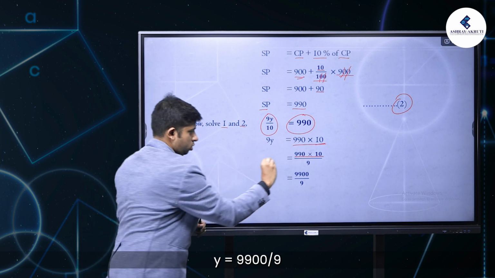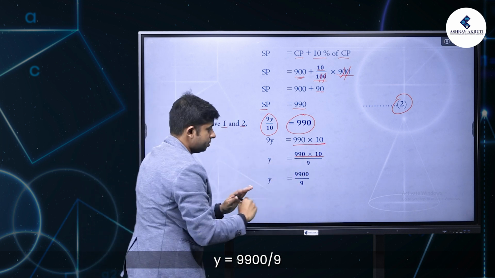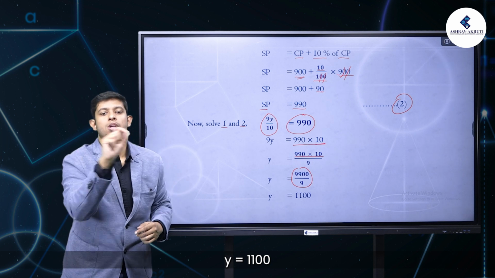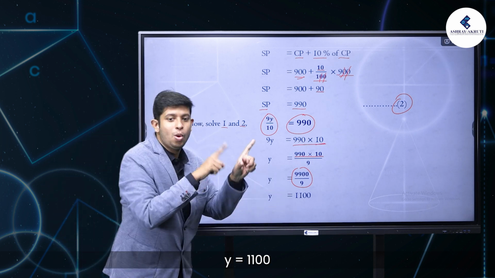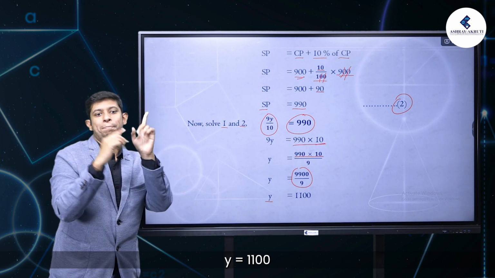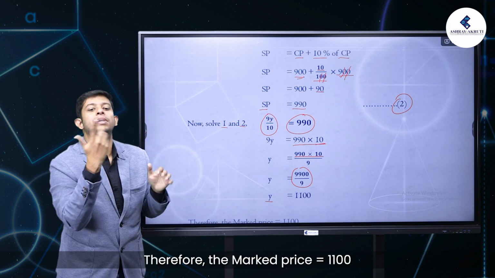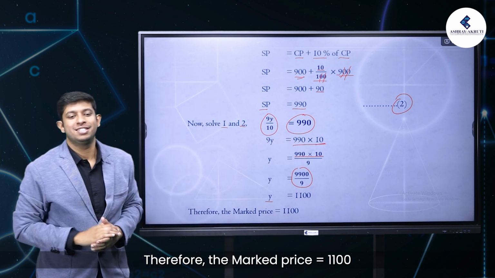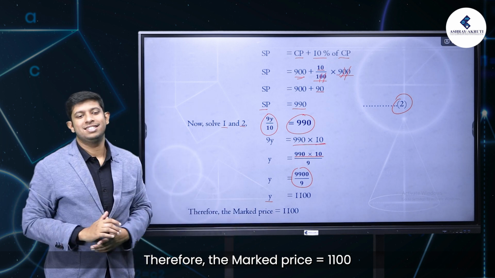Y equals 9900 by 9. Y equals 1100. Therefore, the marked price is equal to 1100.